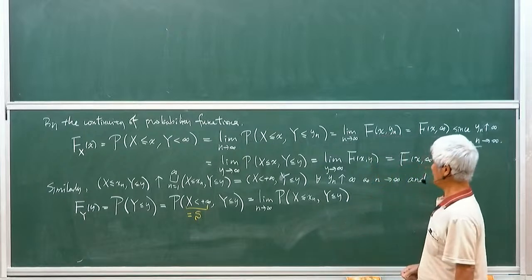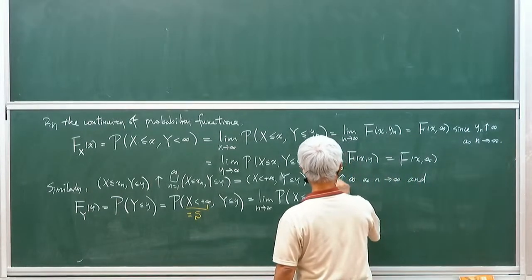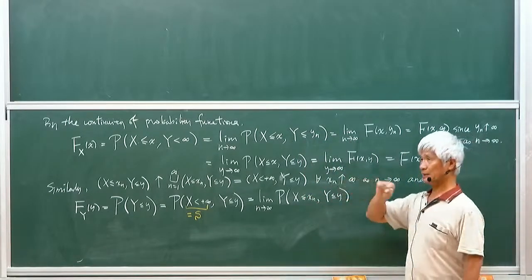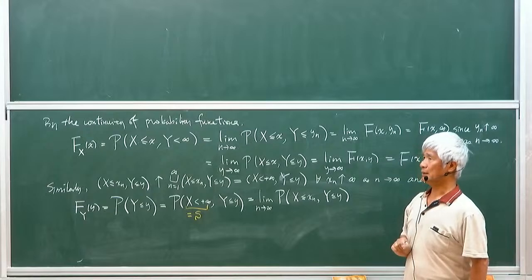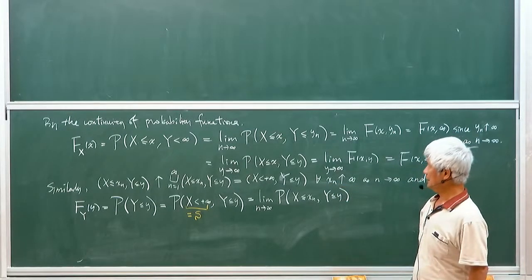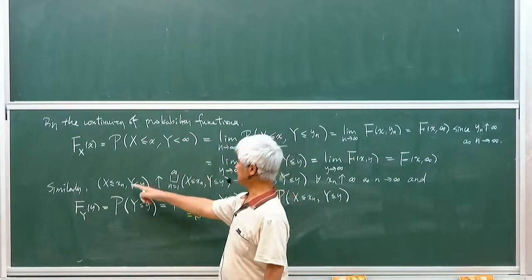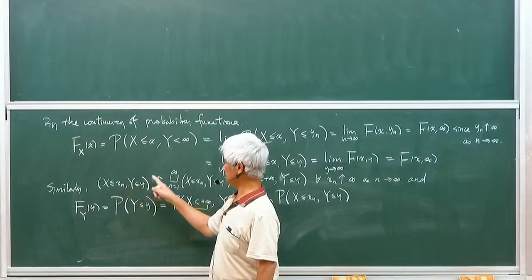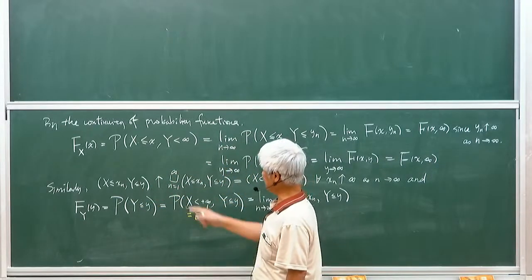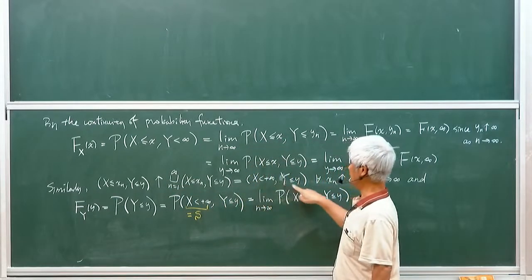So we can select x_n going up to infinity as n goes to infinity. So x sub n is a monotone increasing sequence of real numbers, and the limit of x sub n is infinity. So x_n becomes bigger and bigger, and this is an increasing sequence of events. Its limit is just their union, and this union is equal to this event.